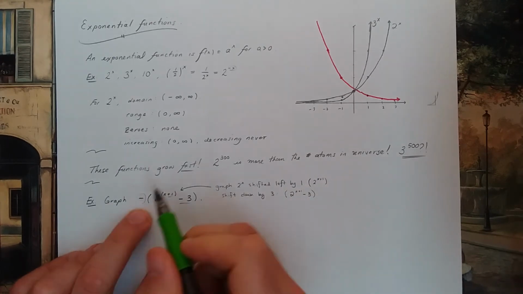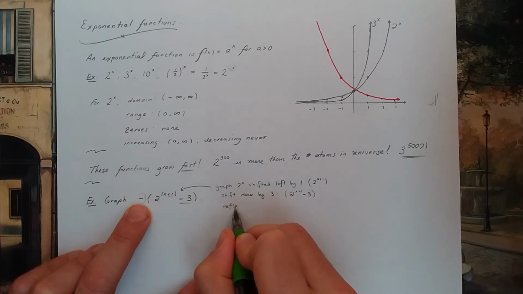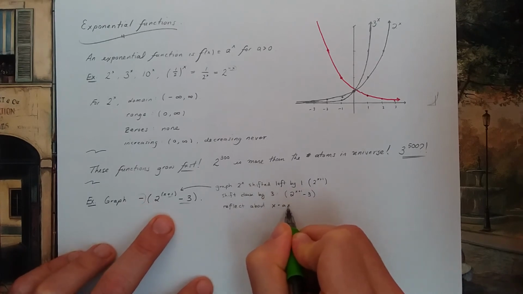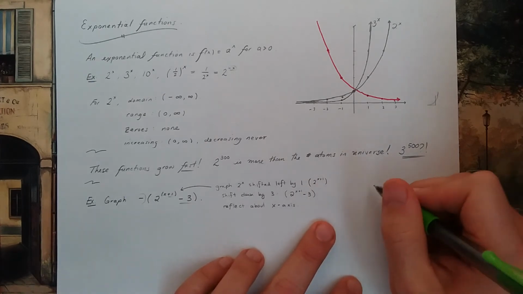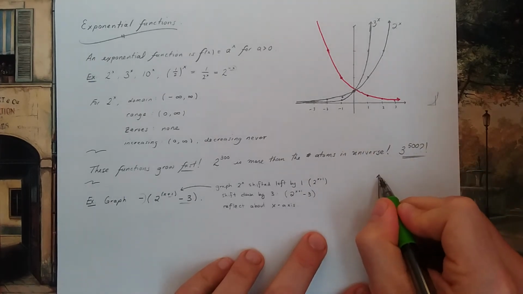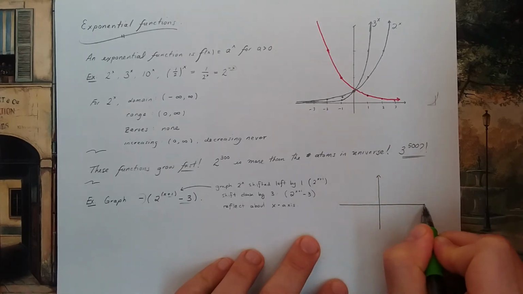And then I'm going to multiply the whole thing by a negative. That means I'm going to reflect about the x-axis. And that will give me the function I'm trying to draw. So I believe if you do all this, so I'm going to shift it left, I'm going to shift it down by 3.